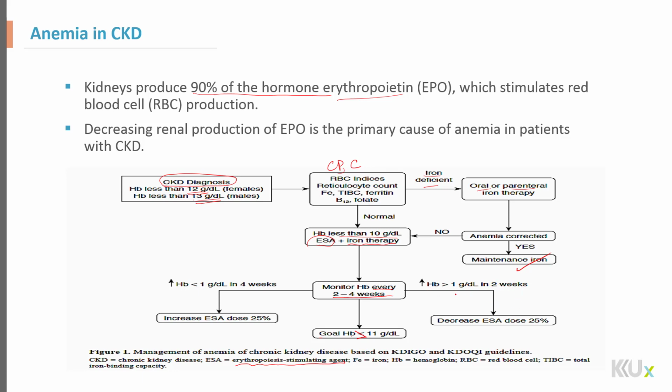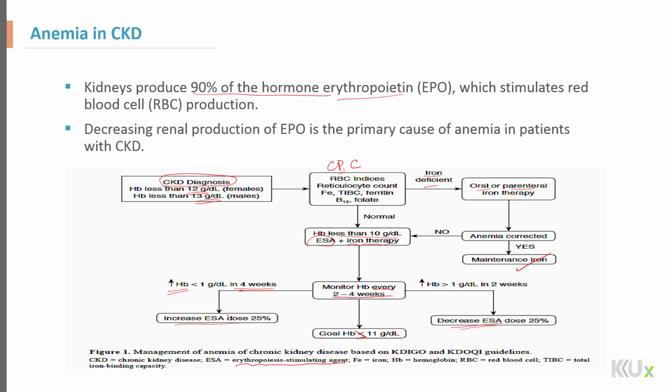If we reach this goal, we can decrease the dose of erythropoiesis stimulating agent. If we find the hemoglobin does not increase by more than 1 in 4 weeks, we can increase the dose of erythropoiesis stimulating agent.